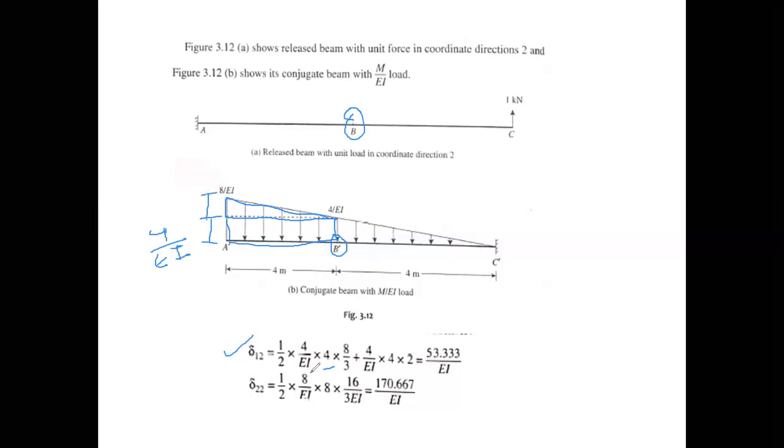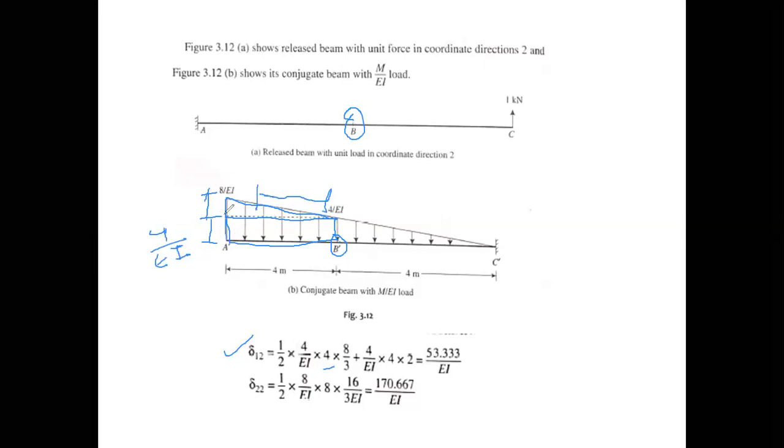So this is 4 upon EI multiplied by 8 by 3. 8 by 3 is the distance from its centroid to this point, plus the rectangular portion.